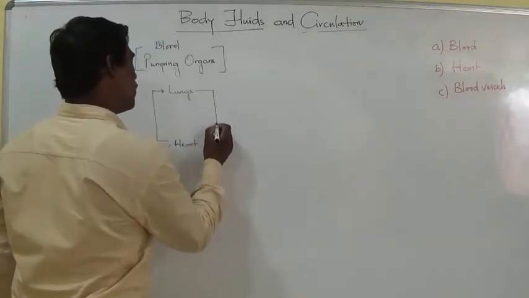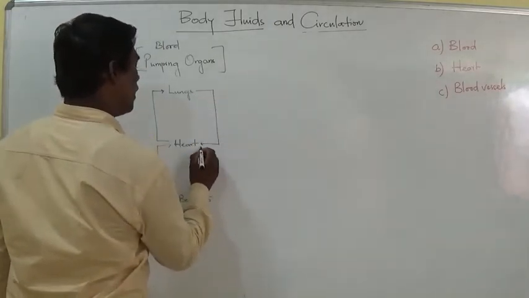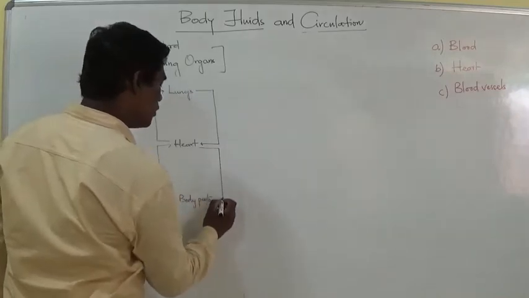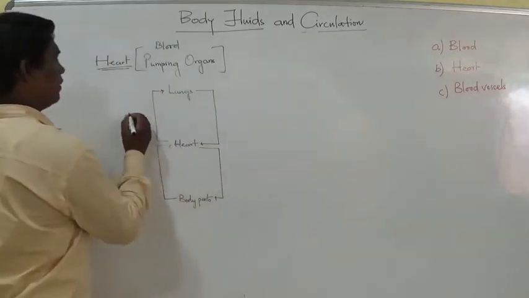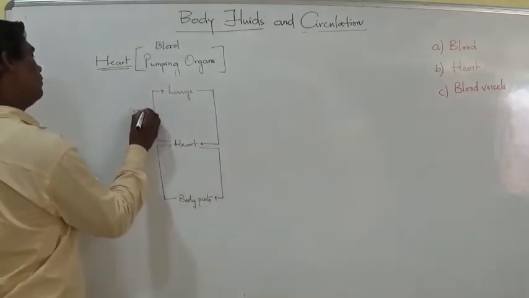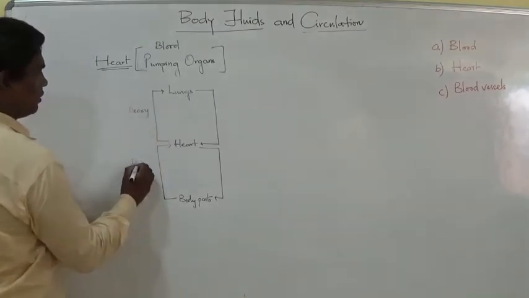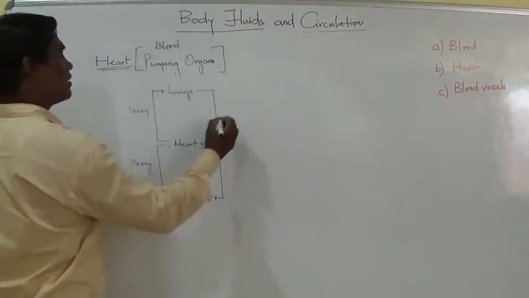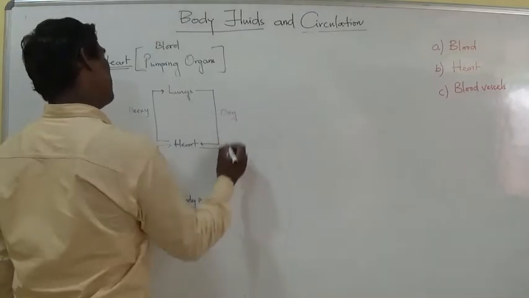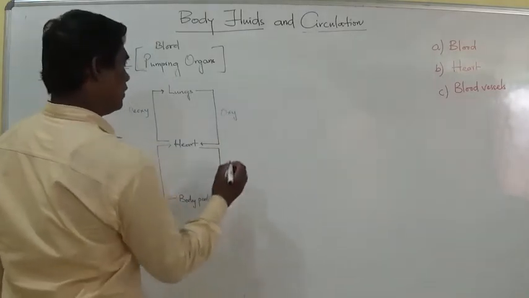After oxygenation, the oxygenated blood is sent to the heart, and this oxygenated blood is sent to the body parts. Here it is deoxygenated, whereas here it is oxygenated.